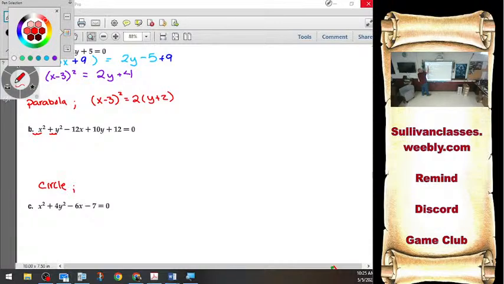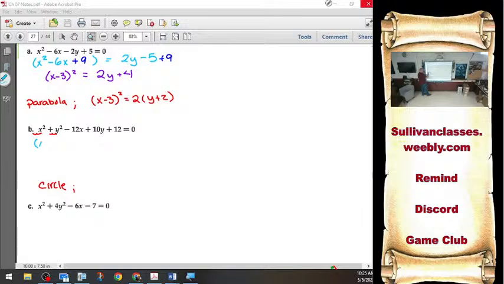I will group my X stuff. I will group my Y stuff. I will put my not X and not Y stuff to the other side. I will complete squares.